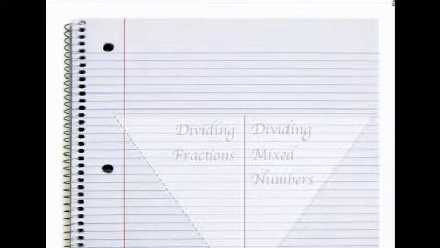So dividing fractions, let's look at an example. 4/5 divided by 2/3. We talked about this a little bit at the beginning of the year, where we're going to be able to use our bouncing ball method to start at the 4, bounce down to the 3, and then back up to create the numerator in our solution.